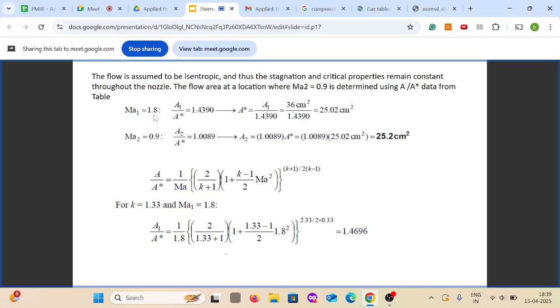The flow is assumed to be isentropic, and since it's isentropic, you can assume that stagnation properties will remain the same throughout. So the flow area at the location where the Mach number is 0.9 can be determined assuming the throat as reference. First we will take Mach number of 1.8.